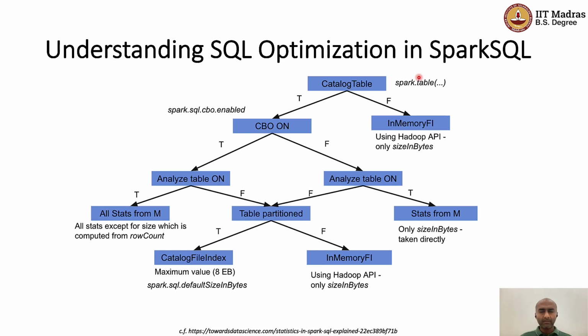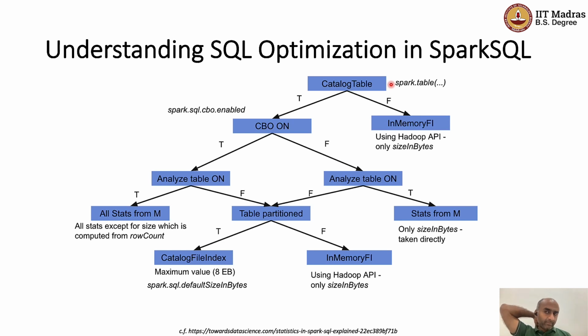So this particular example uses a very standard way in which the Spark table gets read. When you construct a data frame in Spark SQL, you would potentially read a table from the Hive metastore, in which case you would say spark.table and give it the name of the table, and use that to store into a data frame, and then that data frame gets further used for a variety of different kinds of operations like transformations and actions.